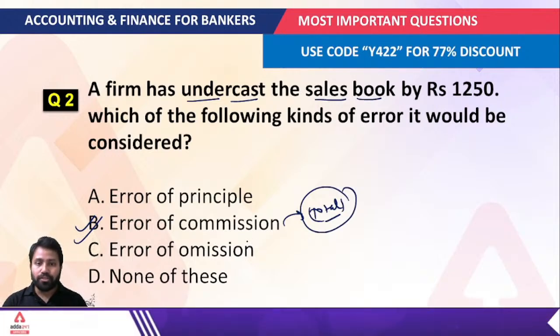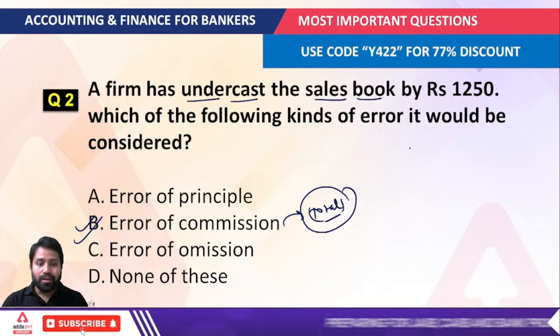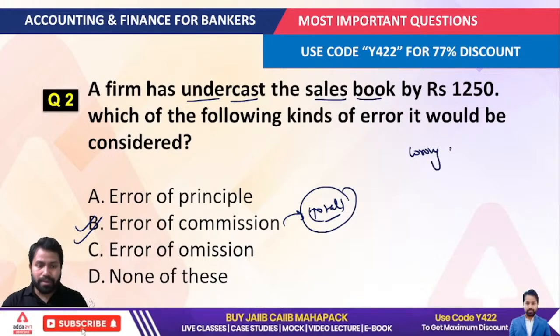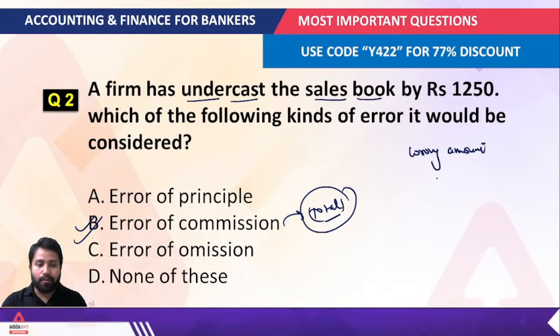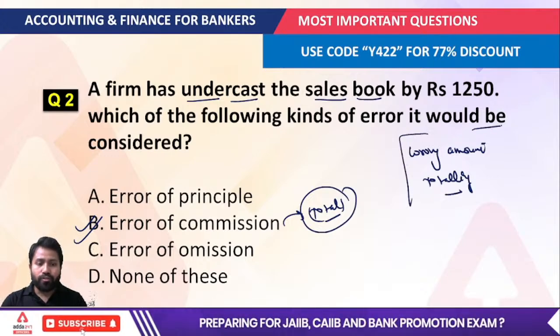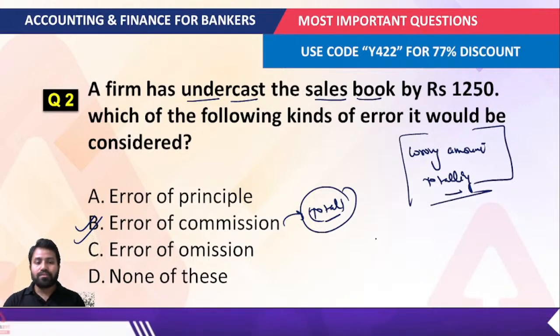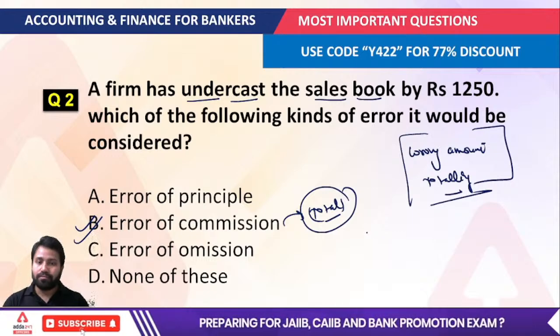Error of commission is what you have to understand whenever you post a transaction wrongly. Basically that is a wrong amount, a wrong totaling. You can also understand that as wrong balancing of the debit or the credit, right? So this is how you have to understand the questions, right? Next question.